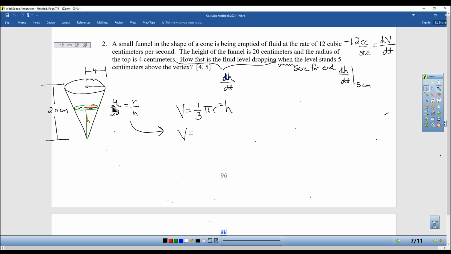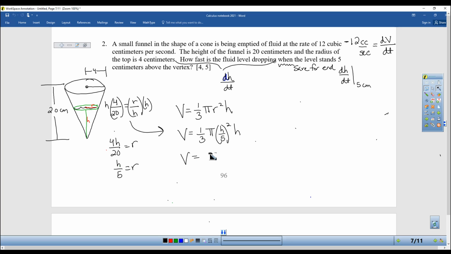Even though the r is being squared, which we wouldn't normally do, I'm going to multiply both sides by h to work with my constraint. And I get 4h over 20 is equal to r. I'm just going to reduce that to h over 5 is equal to r. So this becomes 1/3 pi (h over 5) squared times h.